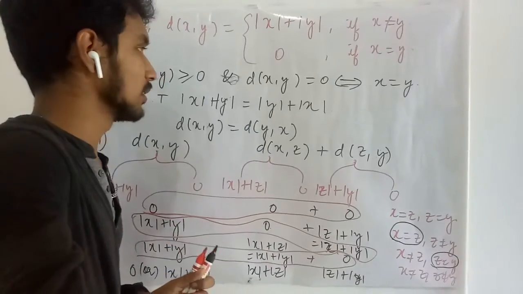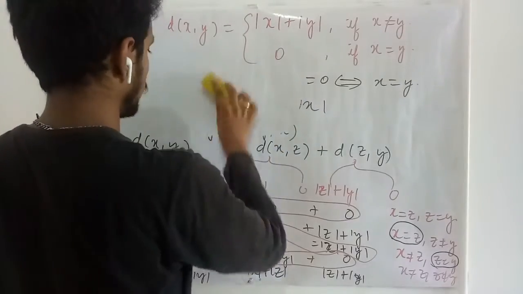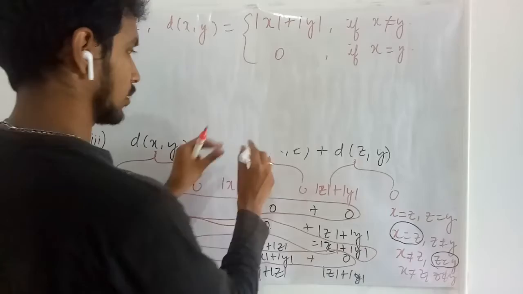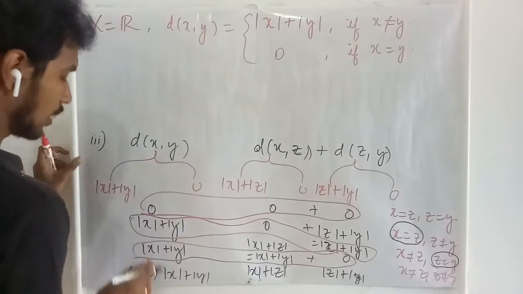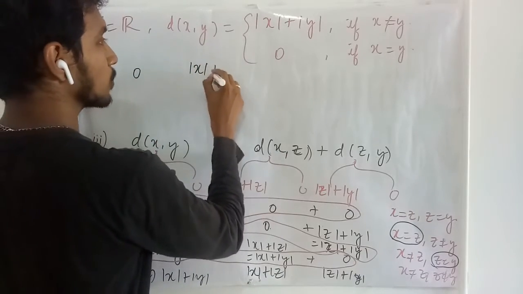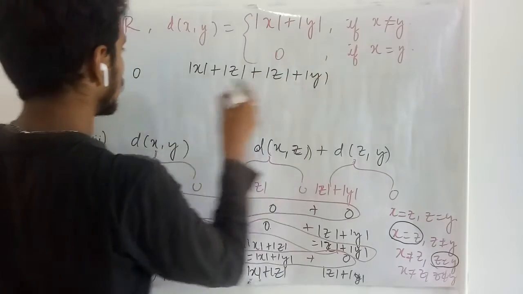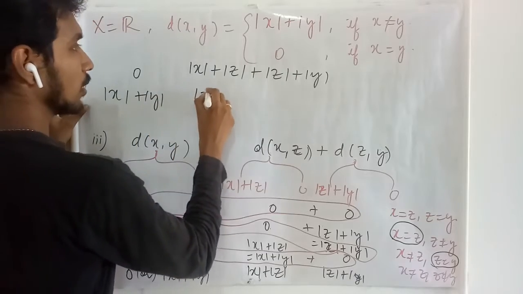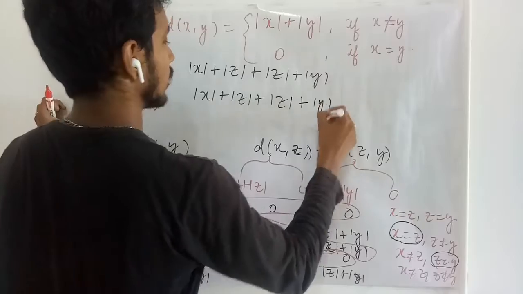Here, let me erase this part and let me make use of this space. Sorry, this is d of x comma z. Here we have either 0 to be compared with absolute of x plus absolute of z plus absolute of z plus absolute of y, and absolute of x plus absolute of y. Here we have this quantity.